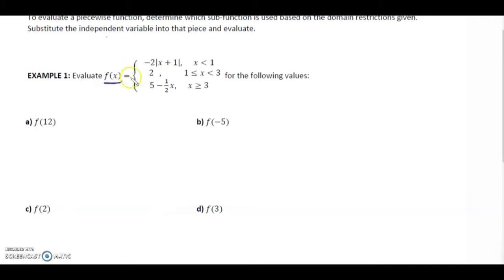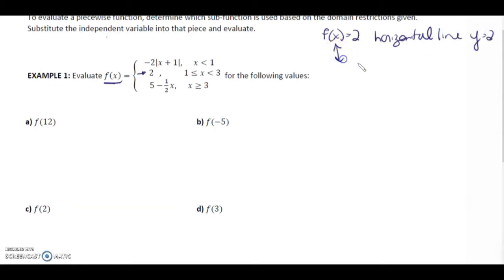Think of f at x equals this absolute value function on x less than 1. Remember, this is the absolute value function reflected in the x-axis, vertically stretched by a factor of 2 and shifted left 1 unit. Now we have a horizontal line, so don't be thrown off, f at x equals 2 is just a horizontal line through y equals 2.